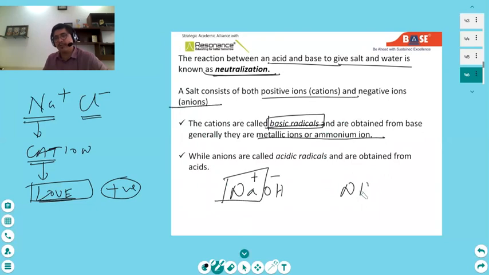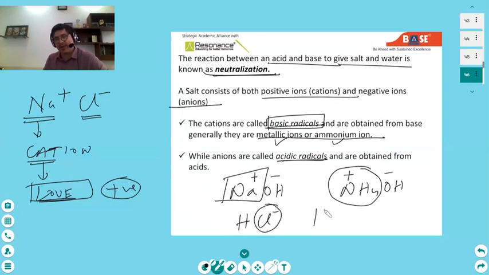Or if I take ammonium hydroxide, then plus and minus, so this is also the positive part. So cation, positive charge, is either metallic or ammonium ion. Whereas anion is acidic radical, obtained from acid. So Cl minus, or you can take SO4 2 minus or NO3 minus.